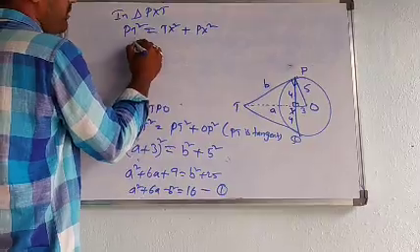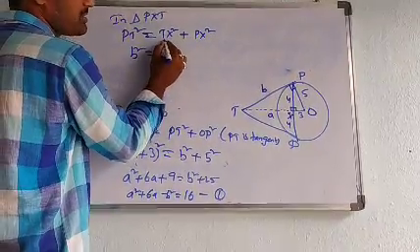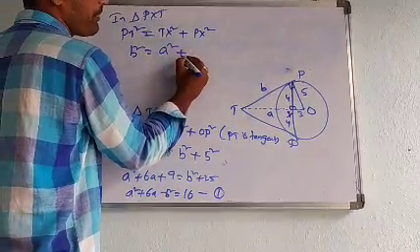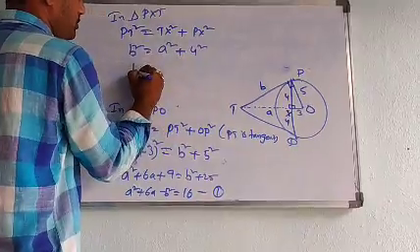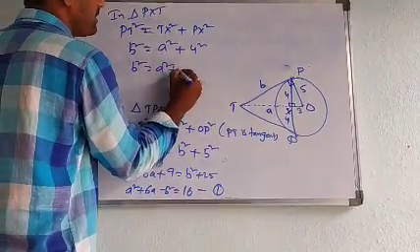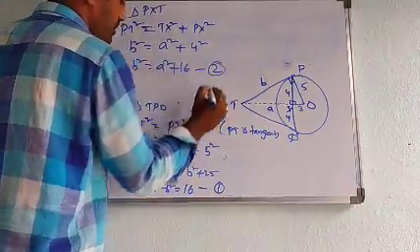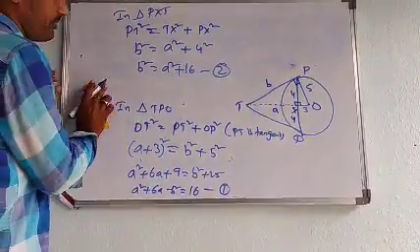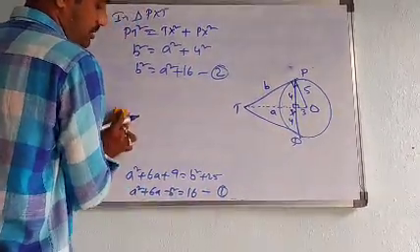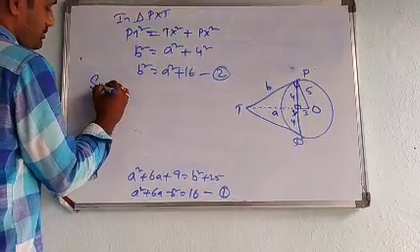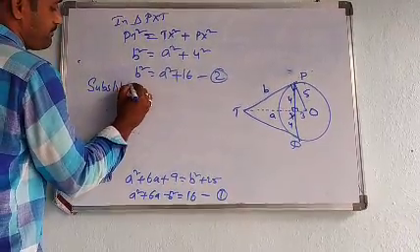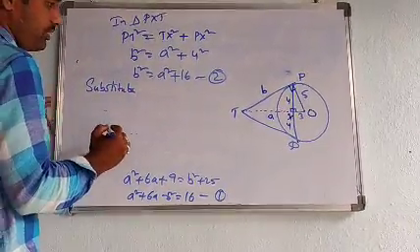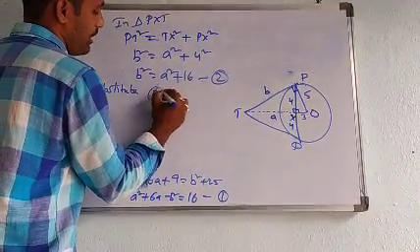So PT, which is B square, is equal to TX square, which is A square, plus 4 square. So B square can be written as A square plus 16. Keep it as the second equation. So in place of B square we can write A square plus 16. So substitute the second equation in the first.